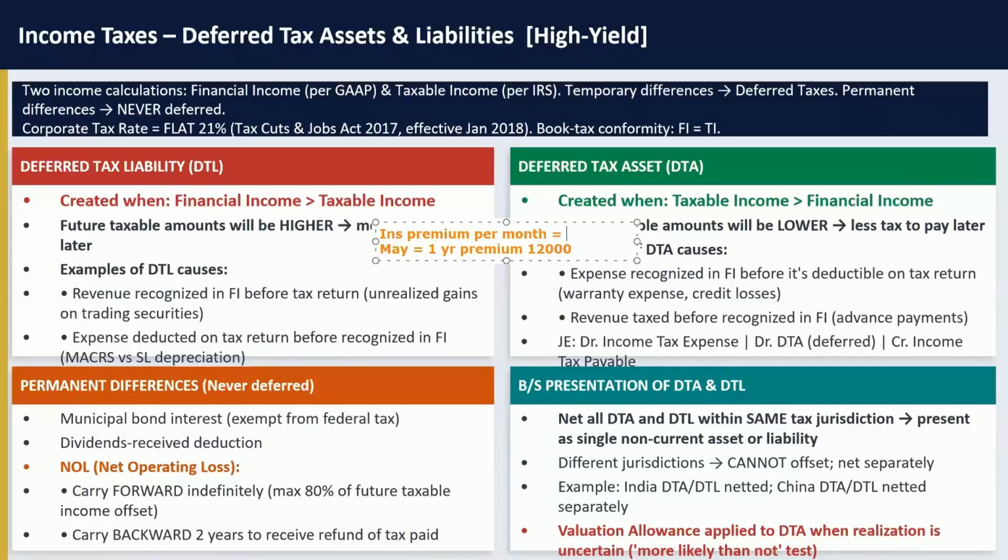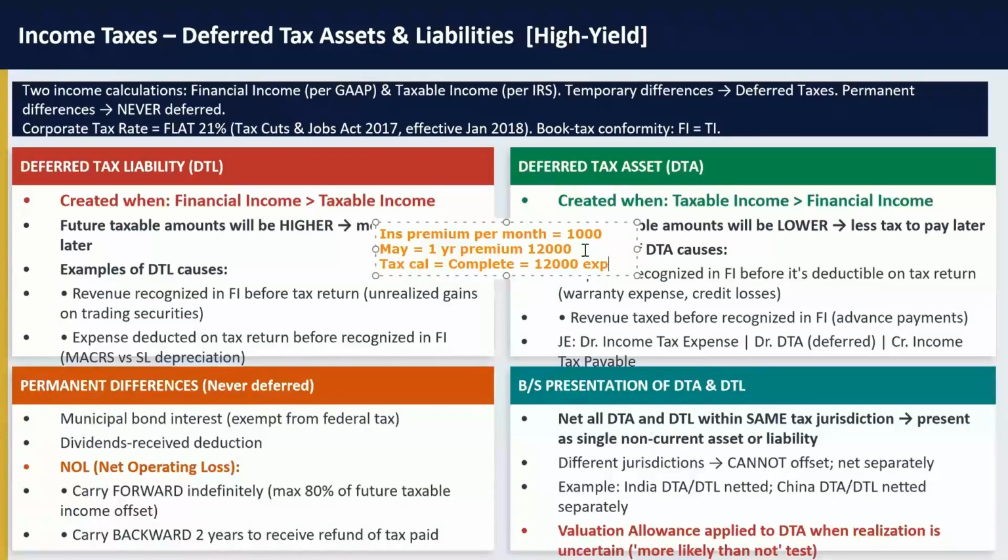It was valued only for 1,000 per month. At one stretch, you are paying off 12,000. Now what is happening? In your taxable income, tax calculations, the complete 12,000 you will be treating as expense. A cash transaction has taken place, right?